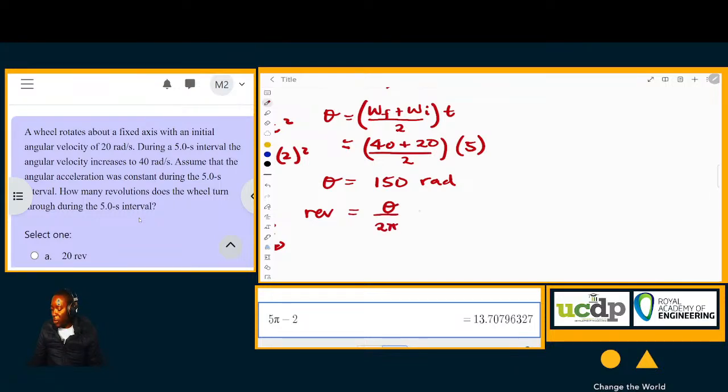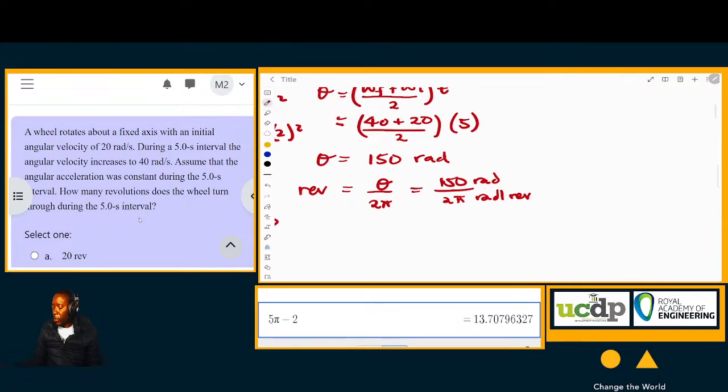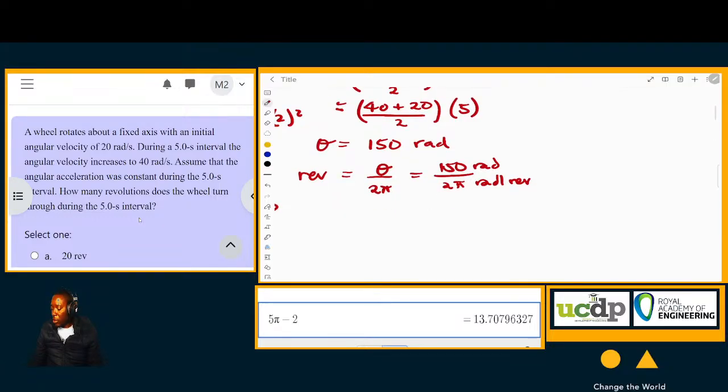That's the number of revolutions, which is 150 radians over 2 pi radians per complete revolution. So that gives us 125 over pi revolutions.